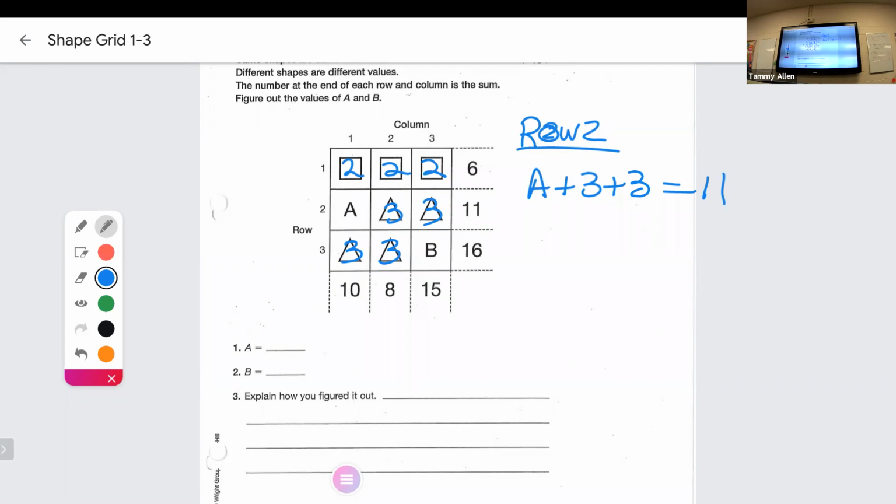What do you have to do first? Valerie. 3 plus 3 is 6, and so 6 plus what equals 11? 11 minus 6.